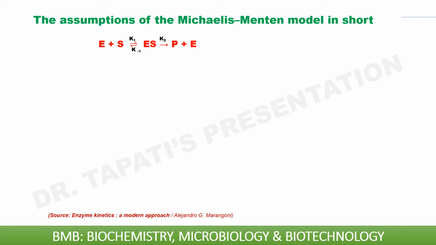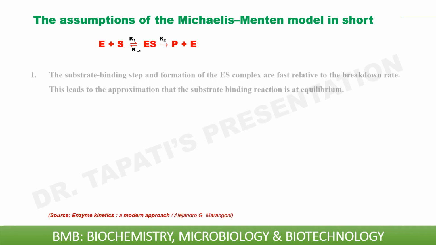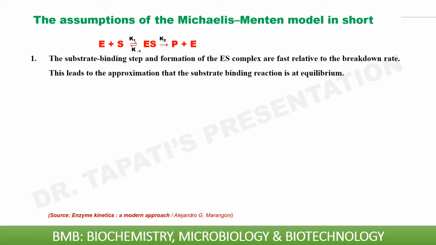There are a few assumptions in the Michaelis-Menten model. The first assumption is that the substrate binding step and formation of the ES complex are fast relative to the breakdown rate.